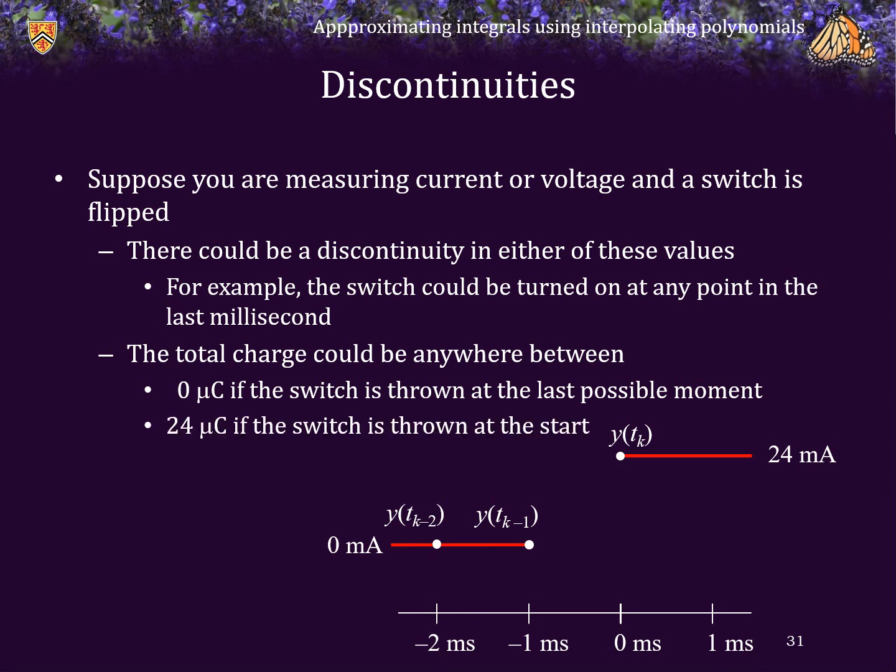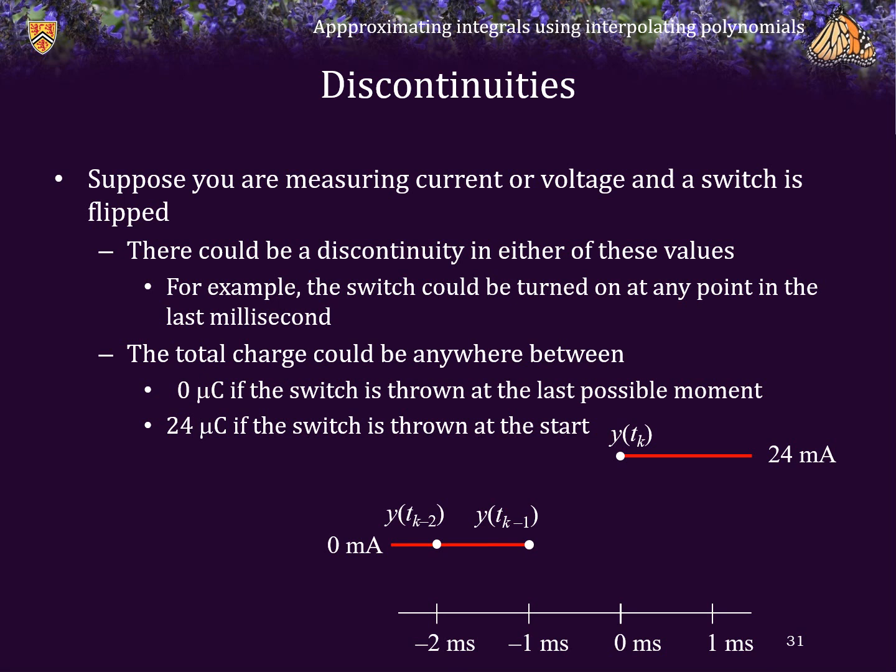Alternatively, if the switch was thrown very close to 1 millisecond in the past, we could already have 24 microcoulombs that have passed this point in the circuit in the last millisecond. So we have a huge possible range of values. Which do we pick? Well, we can't pick any because we don't know anything about the system.